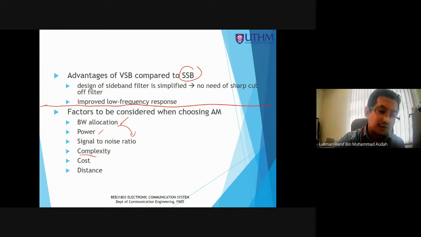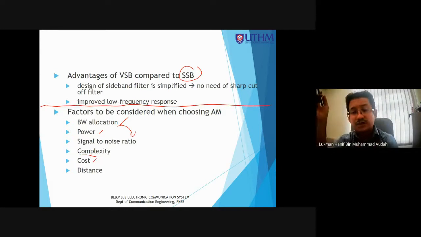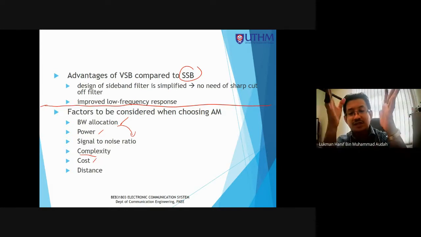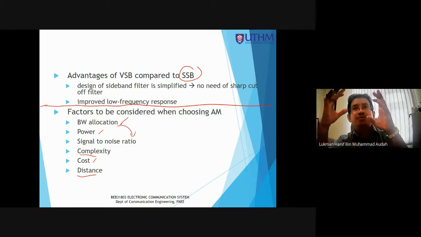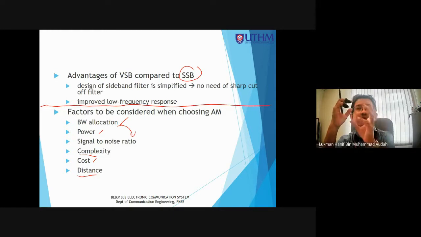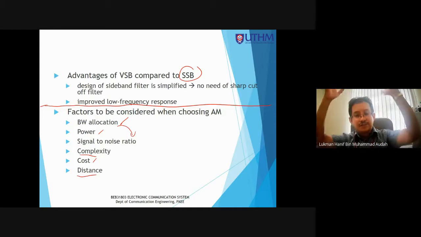And then the cost, ini pun samalah berkaitan. Cost, do we require a small, less cost or higher cost? Is it okay? Itu perlu dilihat semula. Dari segi distance, transmission distance. Because if you want to transmit at longer distance, we need to produce a signal that can allocate larger power for the sidebands.